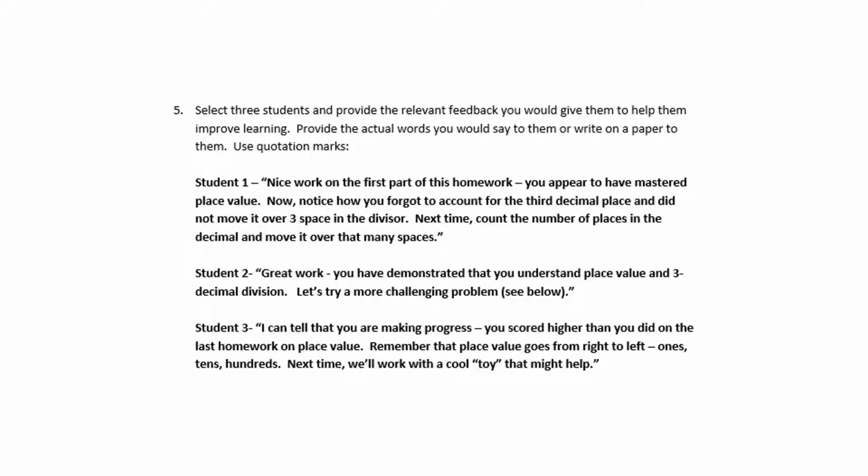So try to find something that you can compliment them on. In this case: "I can tell you're making progress. You scored higher than you did on the last homework on place value. Remember that place value goes from right to left, ones, tens, hundreds. Next time we'll work with a cool toy that might help." So this is referencing the manipulative.